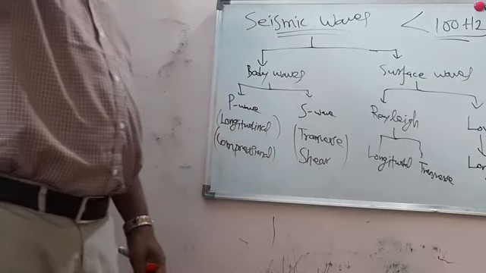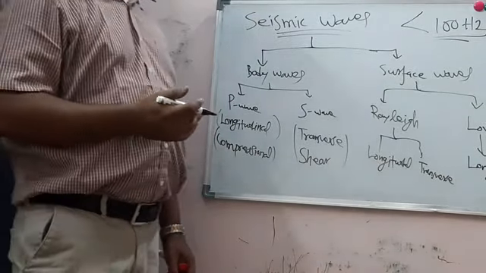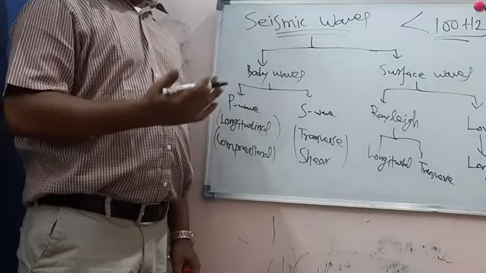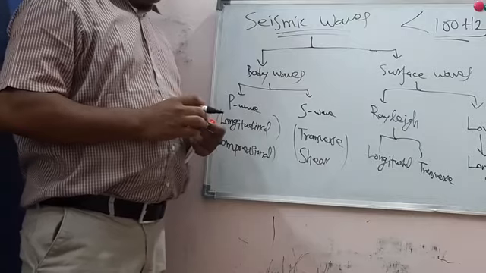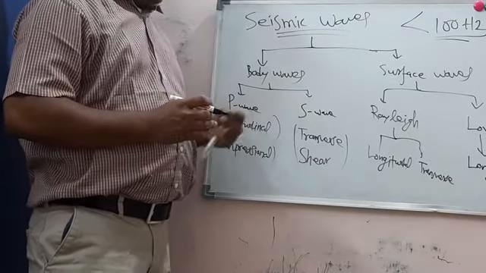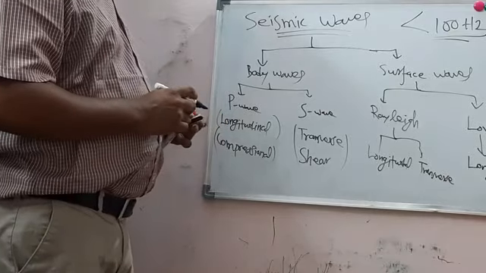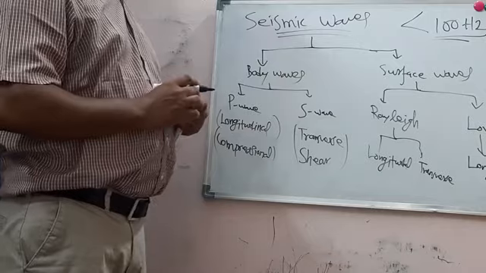So it is all based on the direction of material movement and the direction of energy transmission. These waves are classified in many aspects. In general, one can say body waves and surface waves are there.